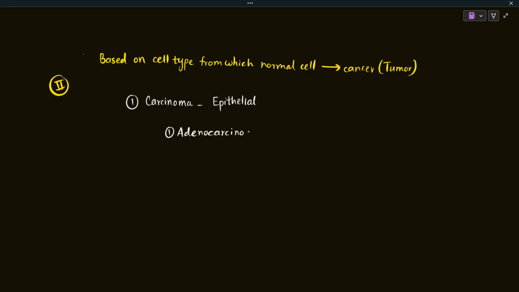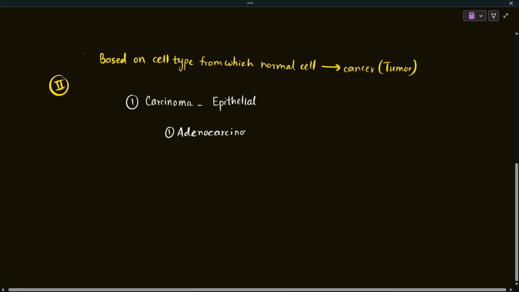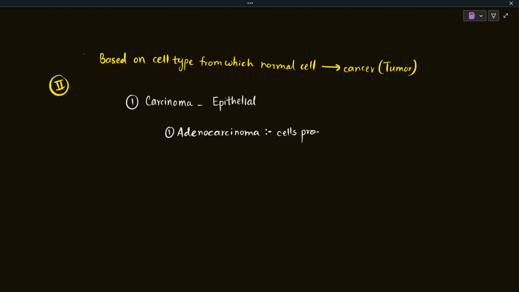So adenocarcinomas means the cells which are producing mucus or fluid, the secretory epithelial cells, are undergoing the transformation. So this cancer is related to them. The breast cells, the colon, all of them are covered in the adenocarcinomas.